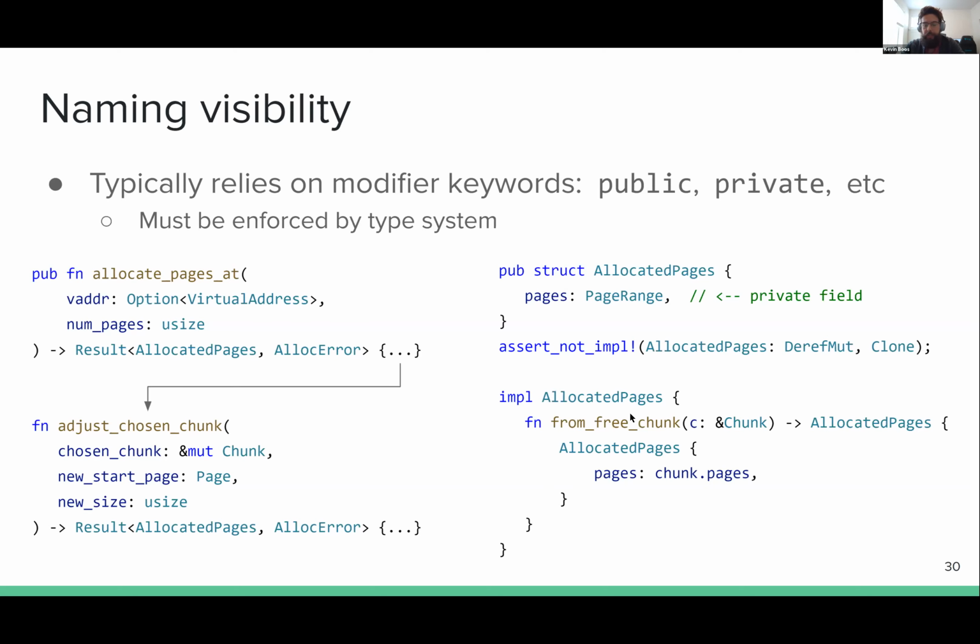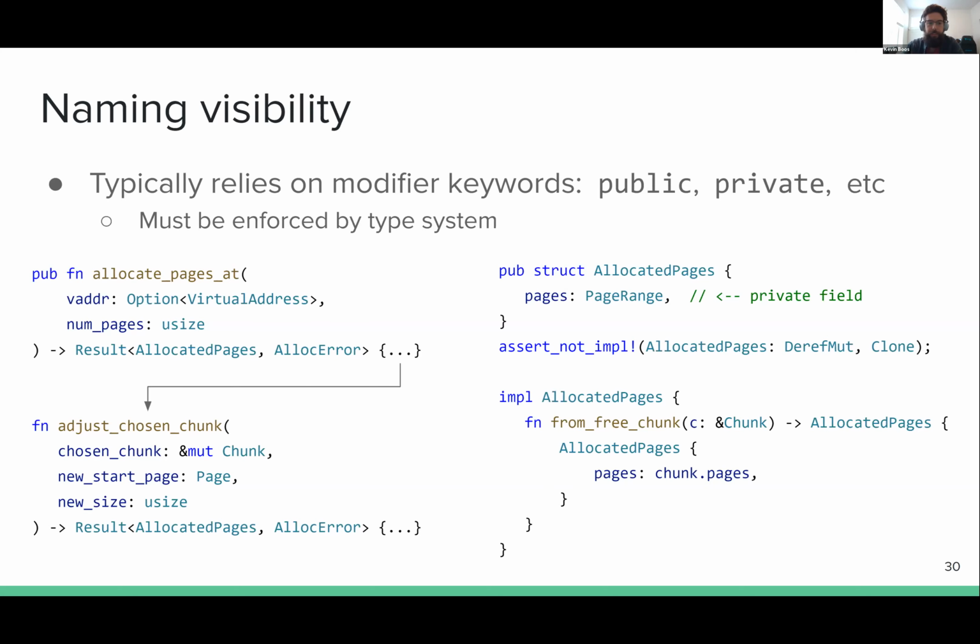And the only way to create an allocated pages is with a likewise private internal function here, from free chunk. So once the page allocator has determined that a given chunk is free, it can create and return an instance of allocated pages, which again is public, but you can't modify the internals. So that's what we mean when we say naming visibility.